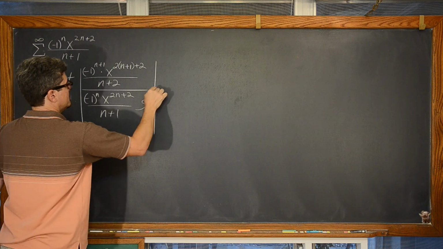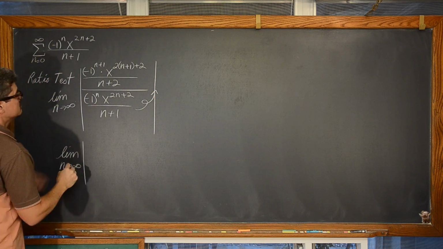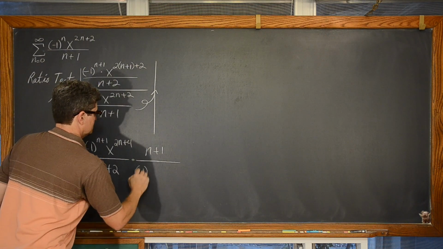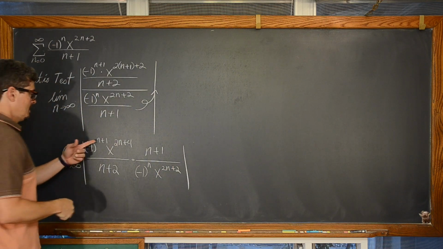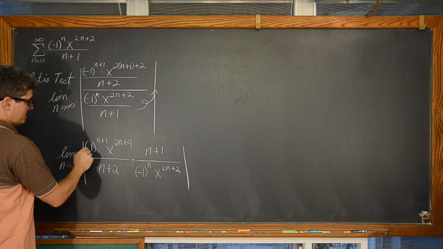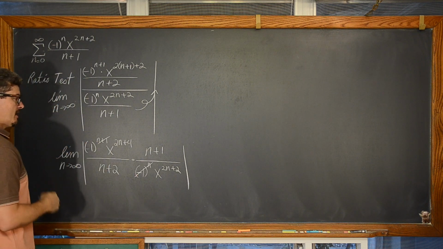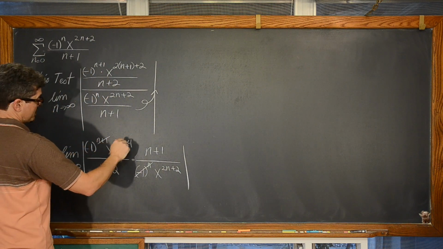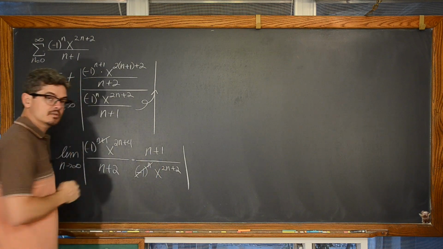Go ahead and flip this up. Get some cancellation going on here. We've got one more negative 1 in the numerator than the denominator. We have x to the 2n plus 2 and x to the 2n plus 4. So there's 2 more bases of x in the numerator versus the denominator.